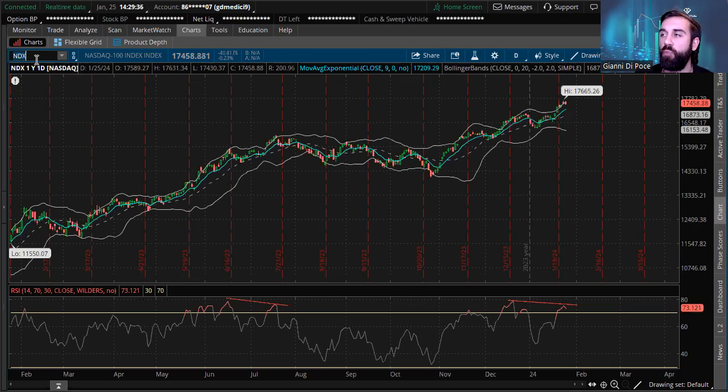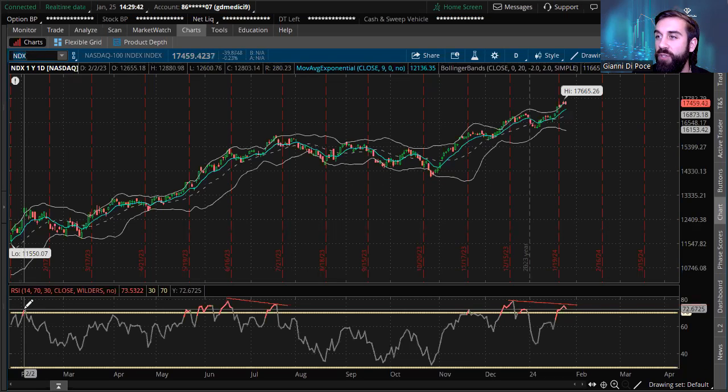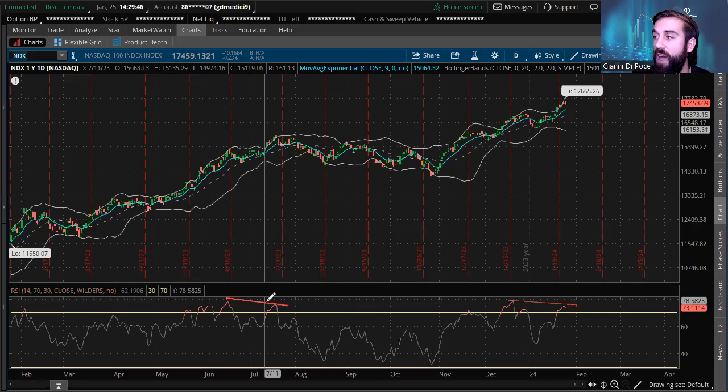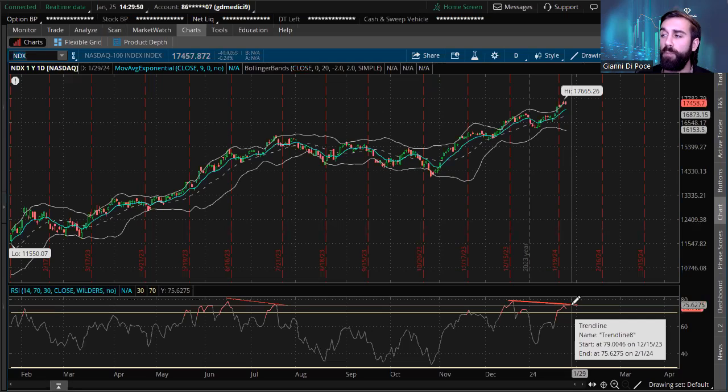And that's why I wanted to display this for you here. Okay, so you can see how many overbought readings we've had in the last year. You've had 1, 2, 3, 4, 5, 6, 7, 8, 9, 10. So per the RSI indicator, you've had 10 significant periods of it being overbought.